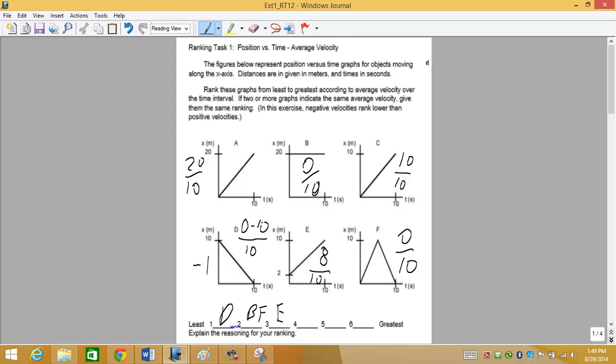And then C. And then finally A had the largest average velocity, positive 2. And again, you can count them up, A, B, C, D, E, F. Everything looks good. That was ranking task number 1.